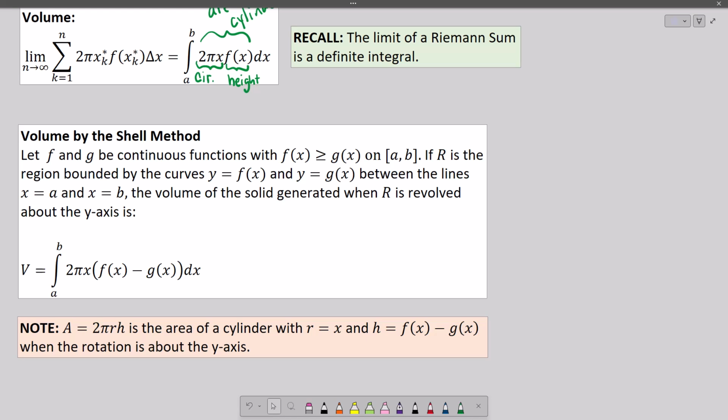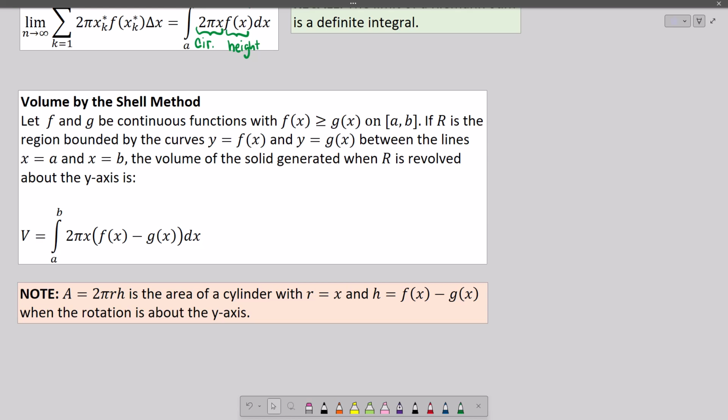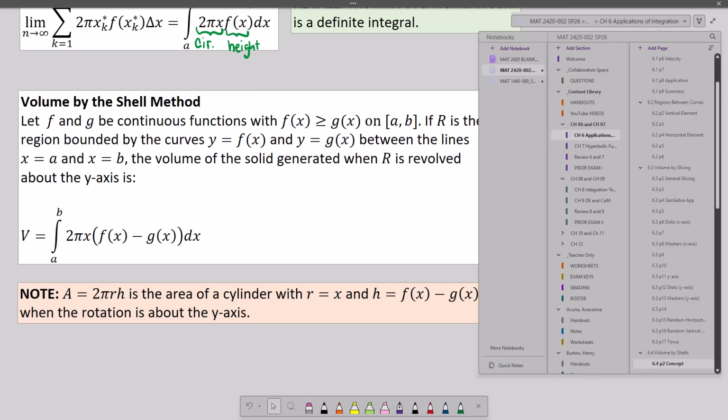So if we have some upper curve and lower curve, the height might be the upper curve minus the lower curve. We'll look at an example that should clarify that. Okay, so at this stage right now in our head, basic cylinder: area, circumference times the height. That's it. 2 pi rh. That's all that we really need to be thinking about in this moment.